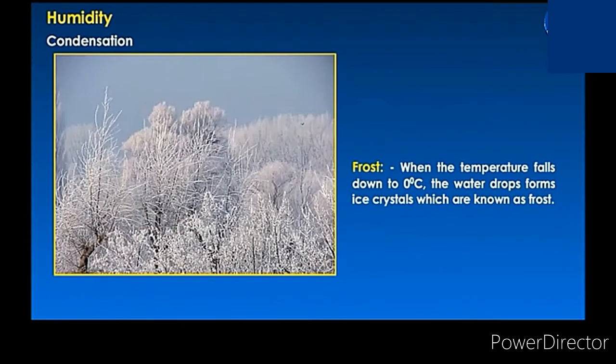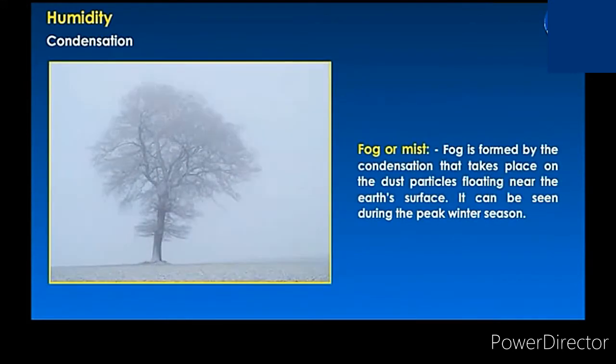Next is frost. When the temperature falls down to 0 degrees Celsius, the water drops form ice crystals which are known as frost. Next is fog or mist. Fog is formed by the condensation that takes place on the dust particles floating near the earth's surface.